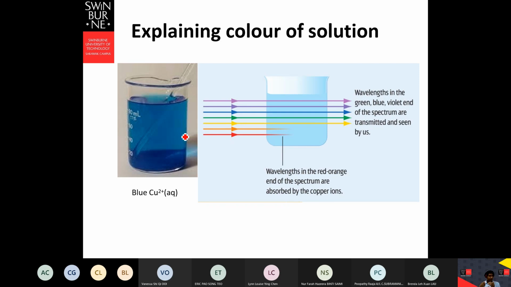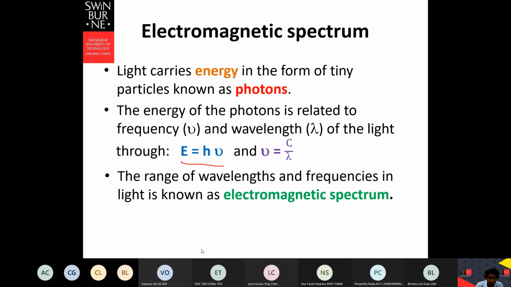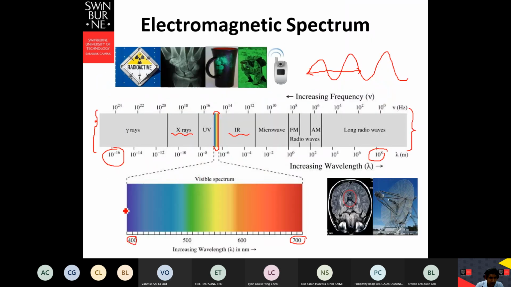As I said, the human eye can only detect anything within the range of 400 to 700 nanometers. So only this 300 nanometer range.